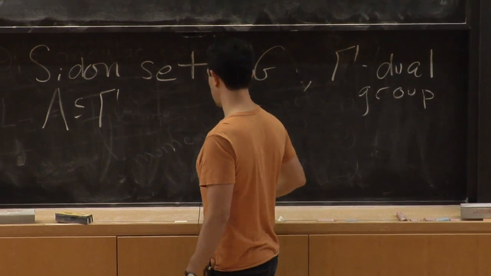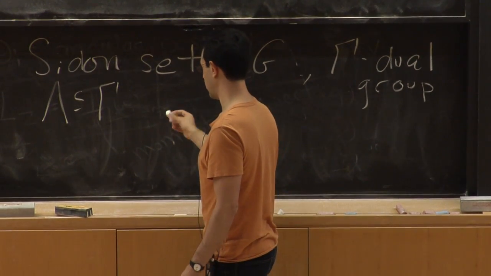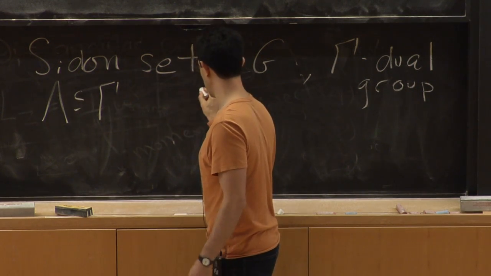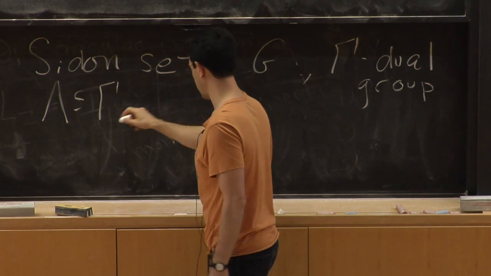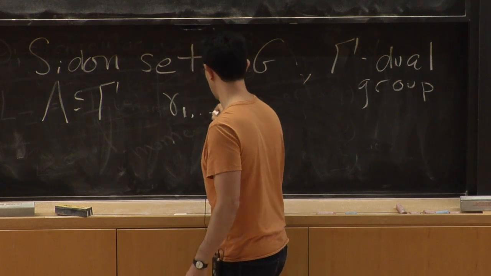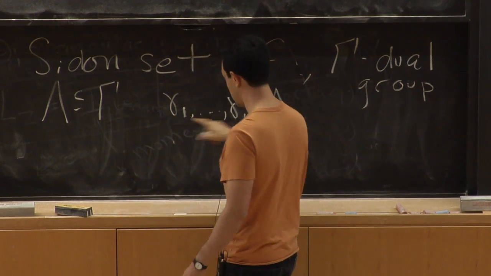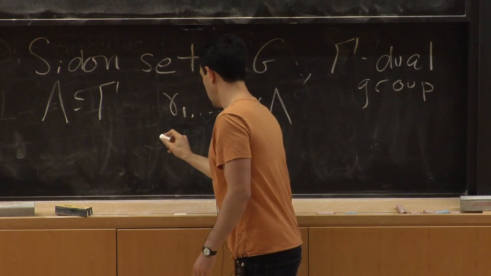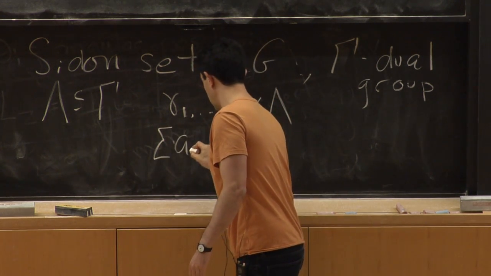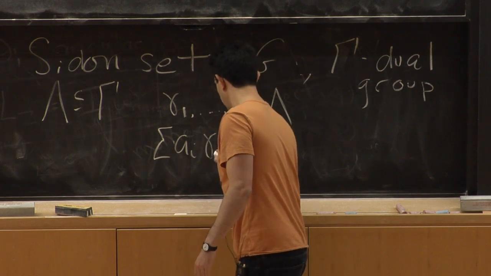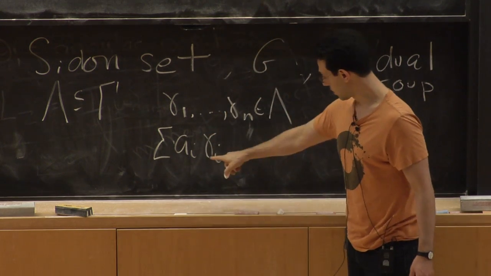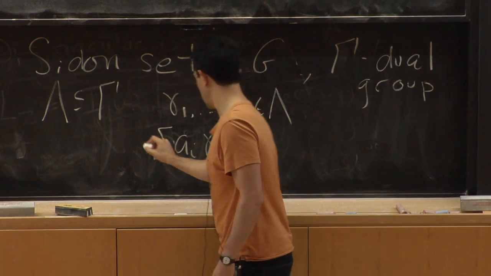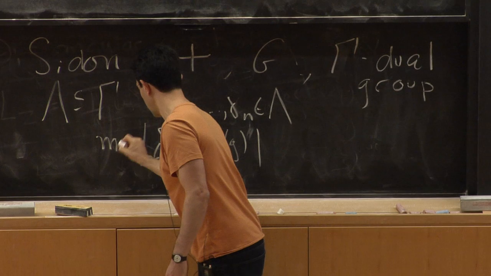And it's called a Sidon set if, whenever you give me gamma 1 up to gamma n in lambda, you look at a linear combination of these linear functionals. So this is a continuous function on the group. And you look at its L infinity norm.